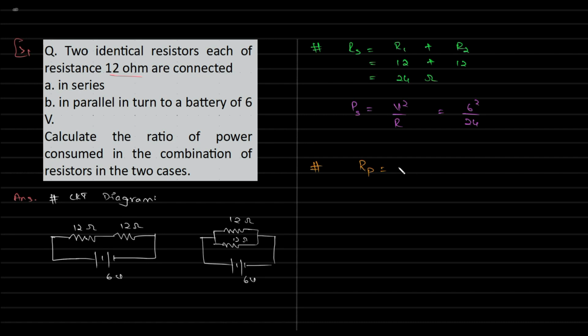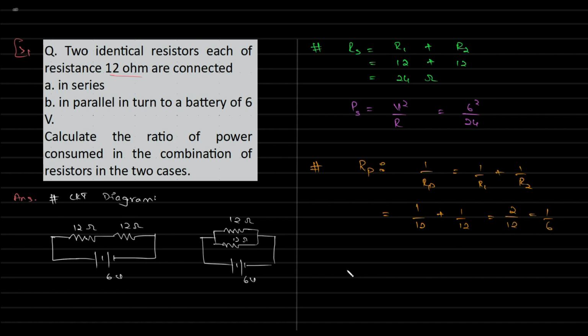So 1 by Rp is equal to 1 by R1 plus 1 by R2. So this in turn is equal to 1 by 12 plus 1 by 12, which is 2 by 12, 1 by 6. You need not write so many steps.